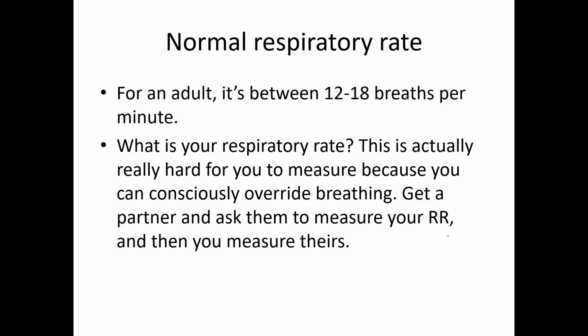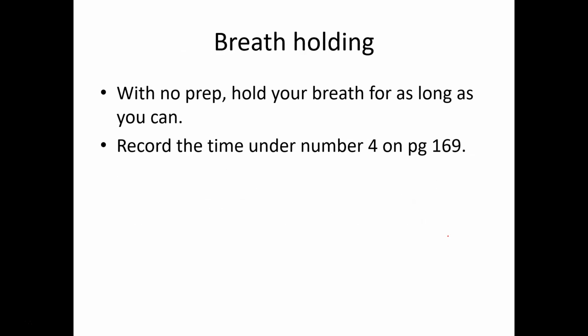So do that same thing. When you're working with your partner, do the pulse for 15 seconds or whatever, and then measure the respiratory rate accurately. That way, you aren't thinking about it, and you're not trying to actively control your respiratory rate, since you can consciously control it.